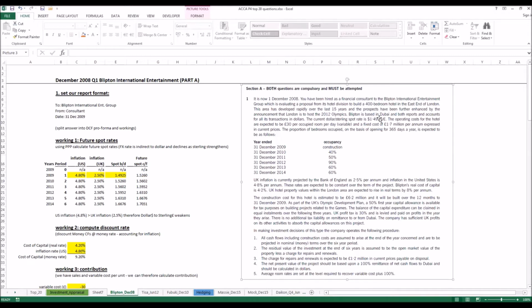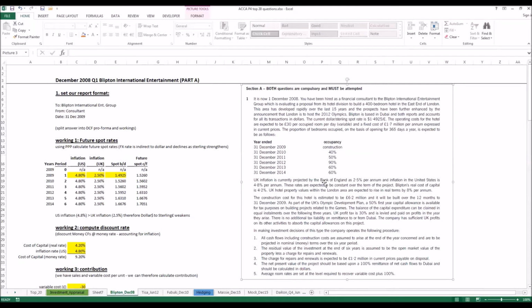And we need to take that into consideration. We need to adjust the spot rate to give us the future spot rate, taking into consideration that the inflation rate in the US is higher than it is in the UK. So it'll act like a multiplier on that value here. Anyway, we'll cover this later.